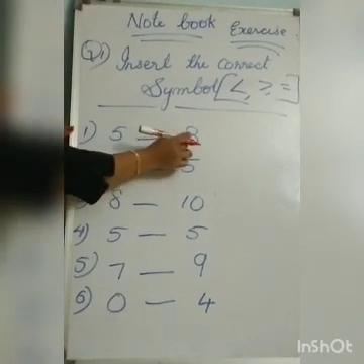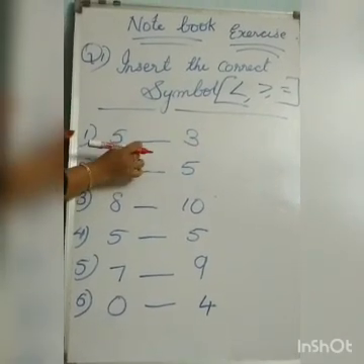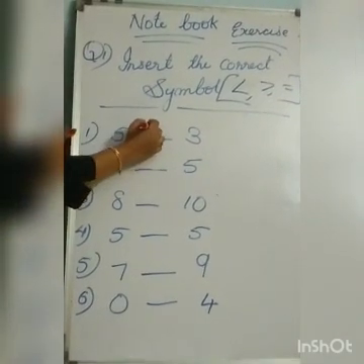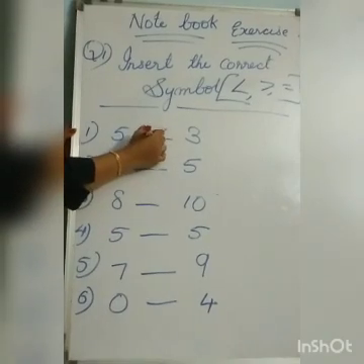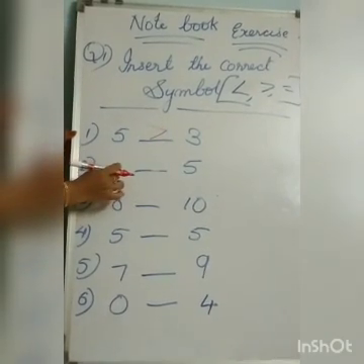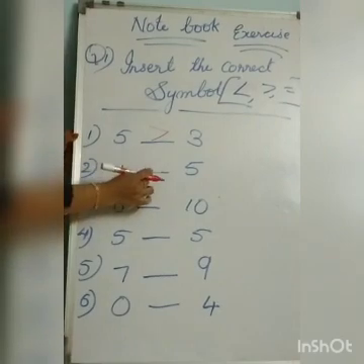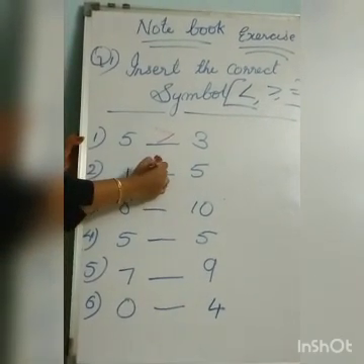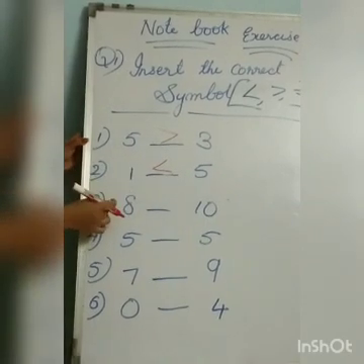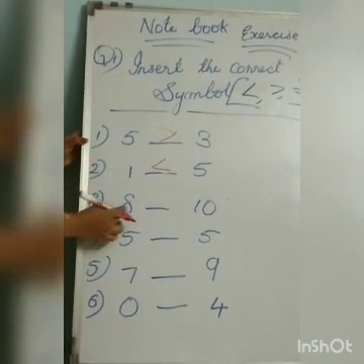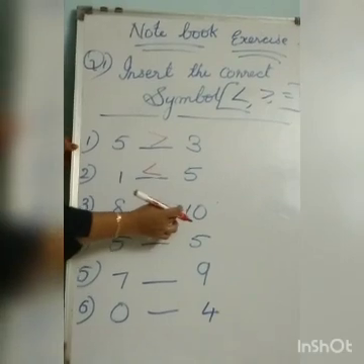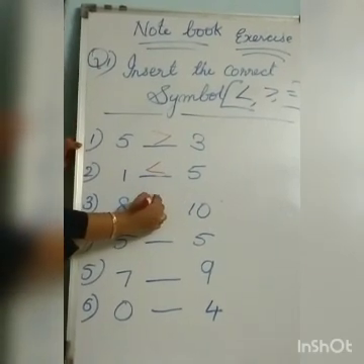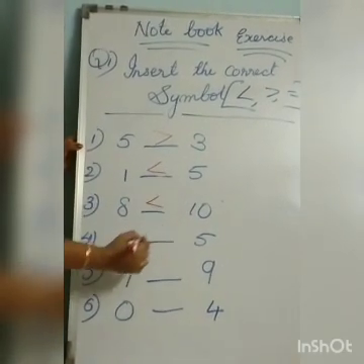5 is dash than 3. Which symbol will come? 5 is greater than 3. Here 1 dash 5. 1 is less than 5. Next, 8 dash 10. 8 is less than 10.